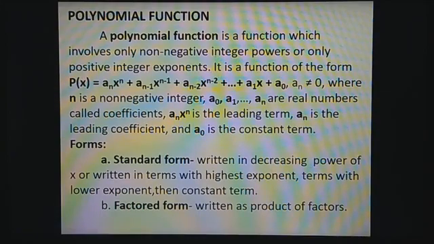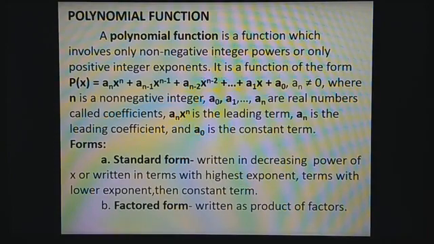So the value of n in this polynomial function is what we call the degree of the polynomial. And when we say the degree of polynomial, the value of n, that is the highest exponent of the term of the polynomial. So what are the different forms of writing polynomial functions?